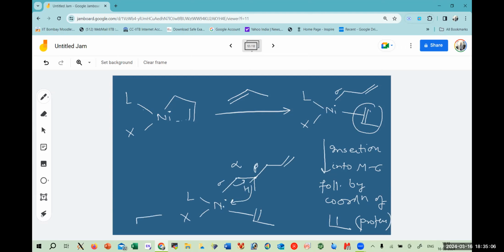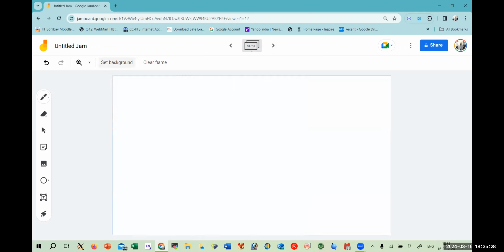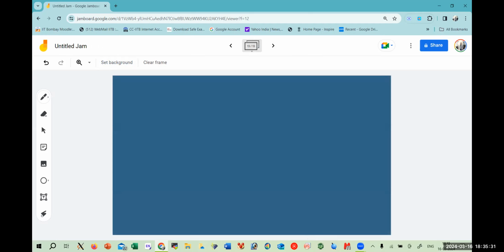So we will be ending up having, so what we will get here is nickel, since hydride has been formed, L and X, and there was a propene molecule already connected, and it has released this species.